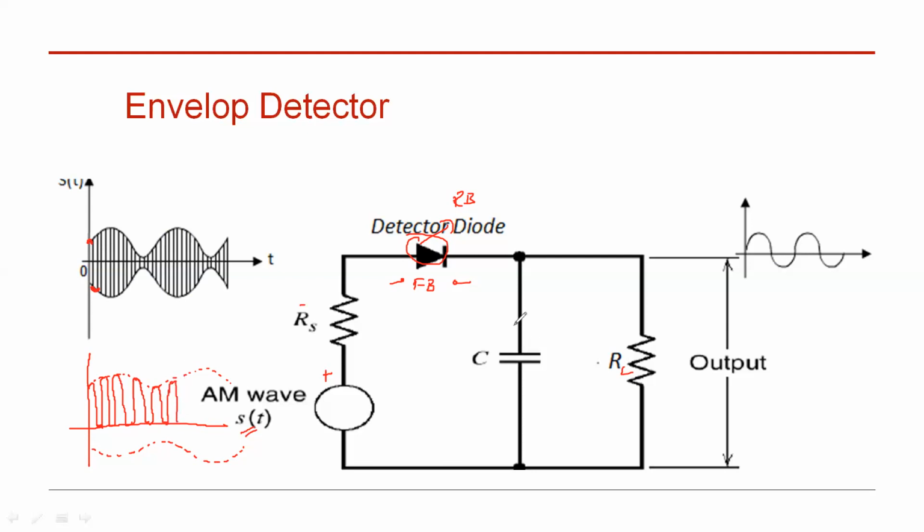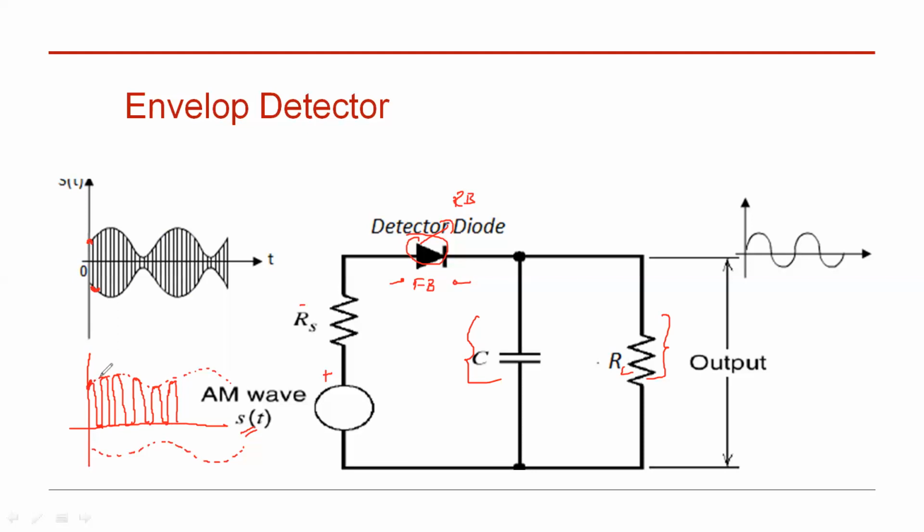Now coming to the action of the RC filter. What will happen during the positive half cycle? During the positive half cycle, the diode is forward biased and the capacitor charges to its peak value.